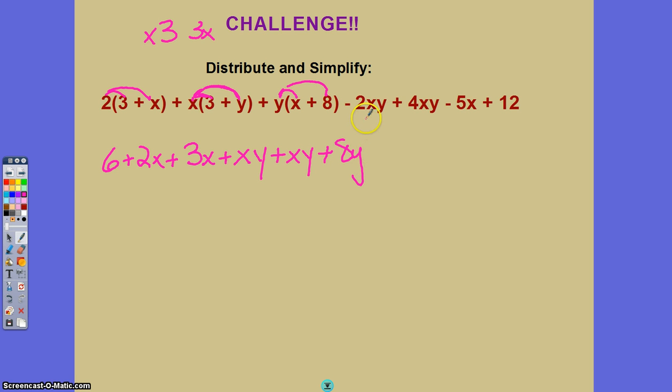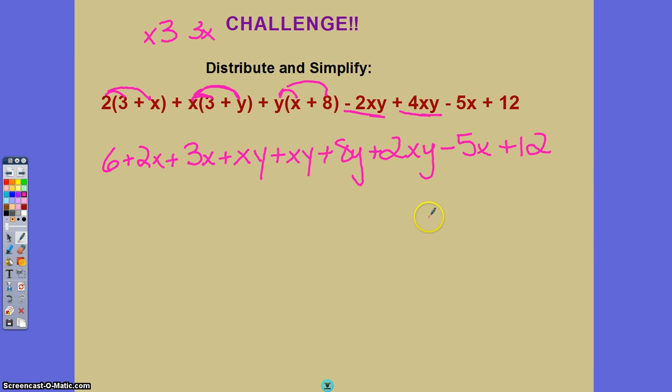And then we could put that and that together, since those are both xy terms. So we have negative 2 xy's, and we're adding 4 xy's. That gets us a positive 2 xy minus 5x plus 12.